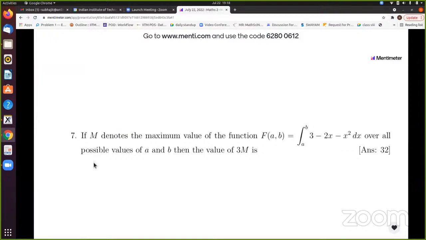Yeah. So this is another type of question. I think it's in your activity. M denotes the maximum value of the function. The function is given like this as an integral over all possible values of a and b. Then find the value of 3M. So how will we approach this problem?